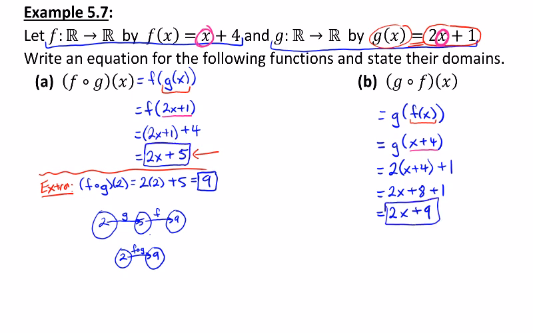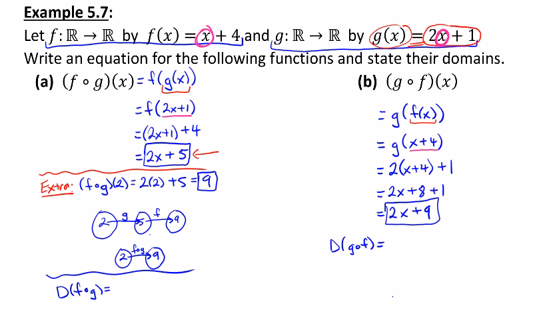The only thing left for us to do is to state the domain of g composed with f, and also the domain of f composed with g. Let's talk about this composition domain. Look at your final equation and check, is there anything strange going on?